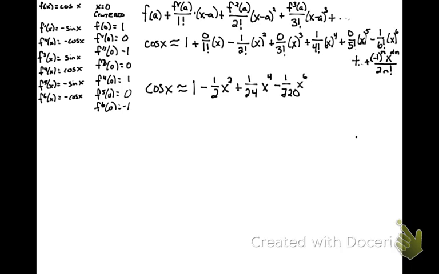We can take this out as far as we need to go, and the nth term of our entire series is negative 1 to the n times x to the 2n, because we only want the even powers, over 2n factorial. This is our series.